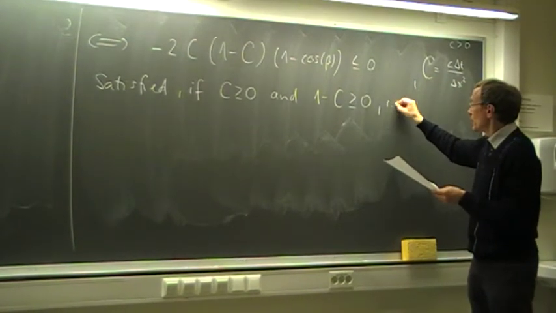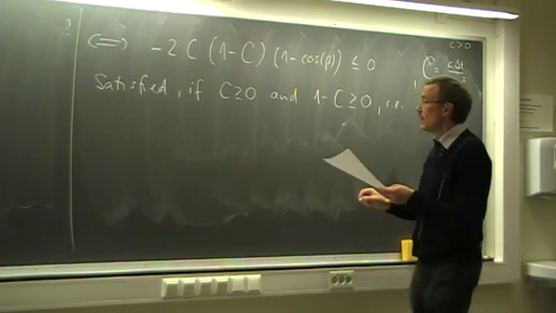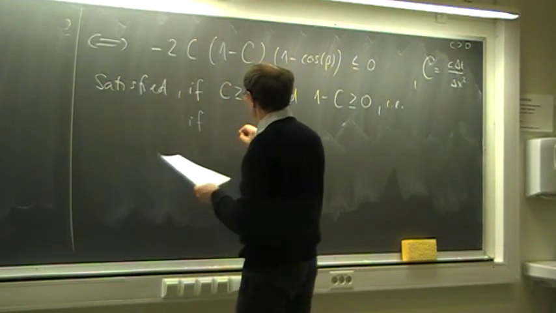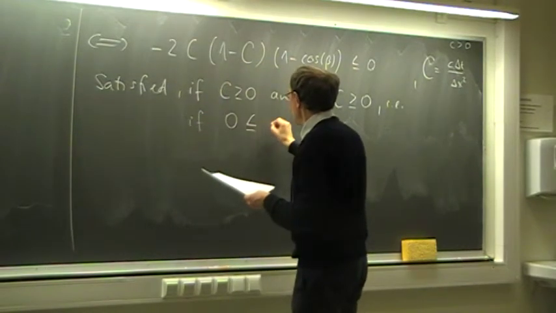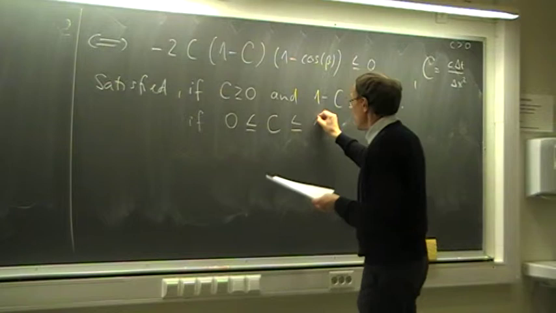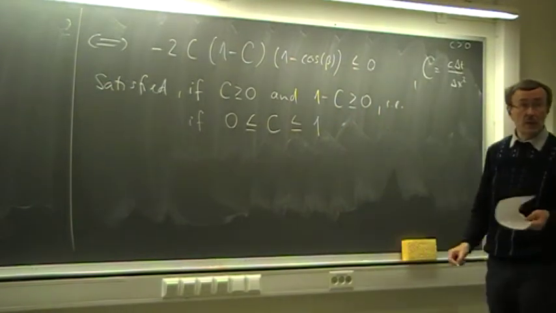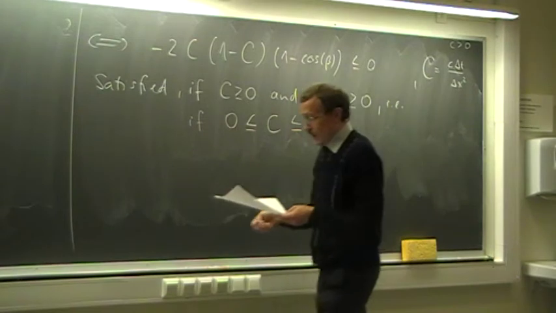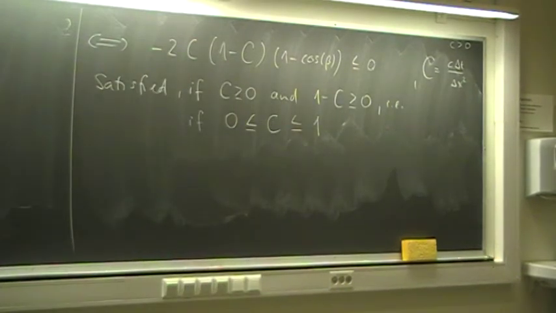So that means the condition that we get from here is that this inequality is satisfied if c is between 0 and 1. That is exactly what we had derived by the heuristic arguments for the characteristics earlier. And that is then the CFL condition.